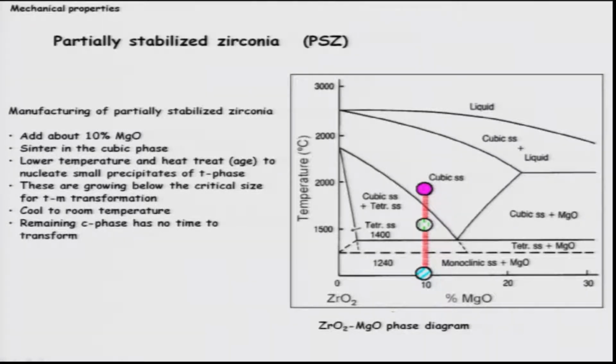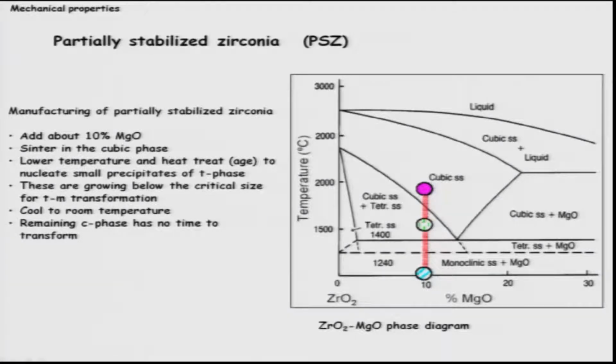Now, what does lowering the temperature mean? A heat treatment to nucleate small particles of the T phase. That means we can first stabilize the cubic phase at high temperature, then cool it down and stabilize these tetragonal phases. Very simply, I will tell you the idea, then we will discuss in detail. If I have a cubic phase at high temperature and I cool it down to an intermediate temperature, around 1500 degrees Celsius, this will nucleate the tetragonal phase, because this phase field is cubic plus tetragonal.